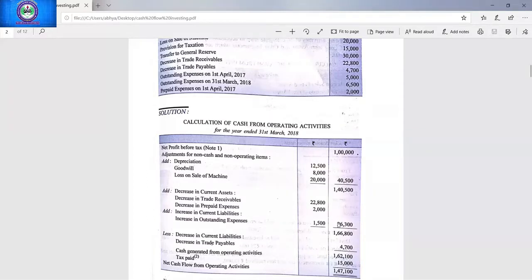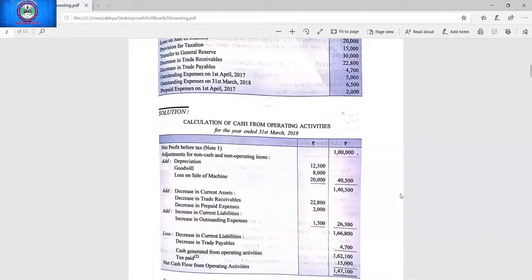Then outstanding expenses, as on 1st April 2017, 5,000. As on 1st April 2018, 6,500. So 1,500 is the difference. So it means outstanding expenses are increased by 1,500. So that will be added.